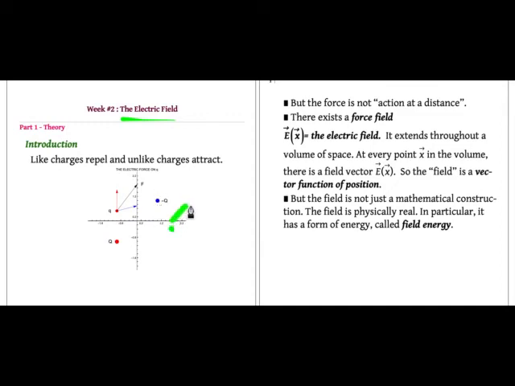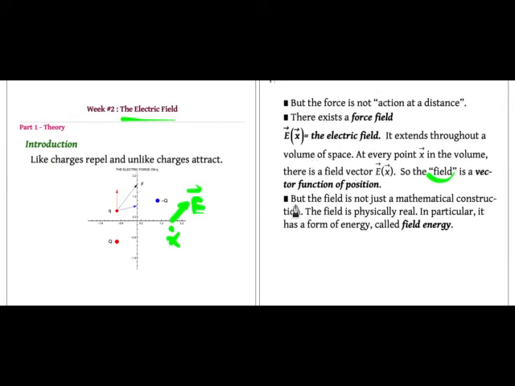So maybe it would be off in this direction somehow. That would be E at the point X. And remember, E is a vector. So the field, what we call the electric field, is a vector function of position in 3 dimensions.